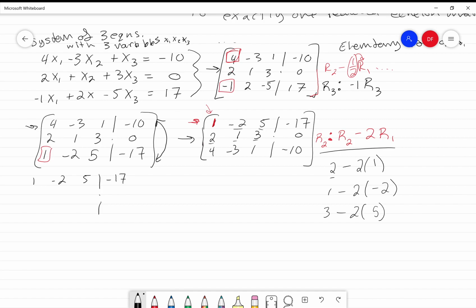And when I do that, I get 0, 5, negative 7, 34, 4, negative 3, 1, negative 10.